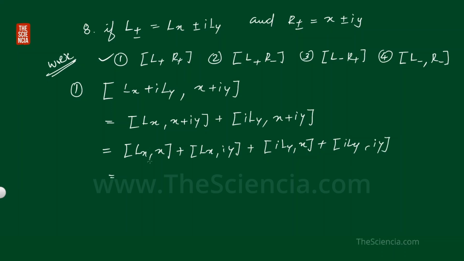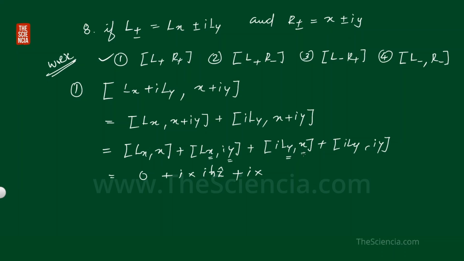What is the value of this? We already know this is equal to 0 plus, for Lx iy, i is the constant term, into [Lx, y]. See, the order is x, y. I already told you the angular momentum operator gives the other term, and here the other term is z. So i h cross z plus this term. Here i is a constant, so we took it outside, and the remaining is [Ly, x].